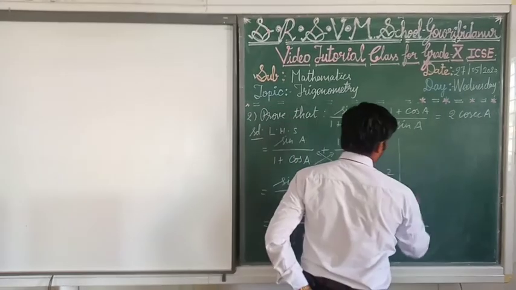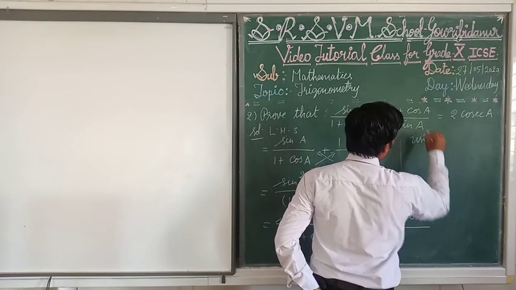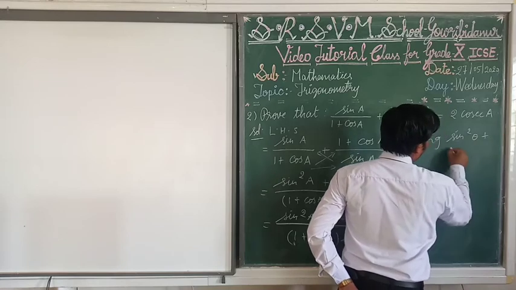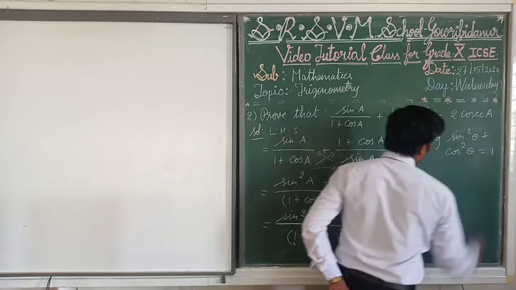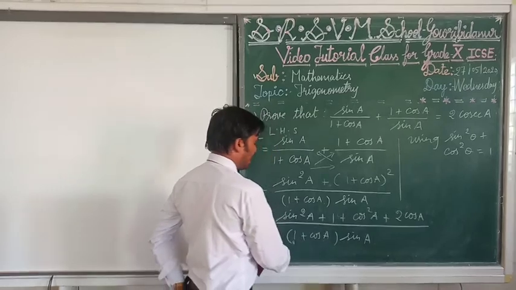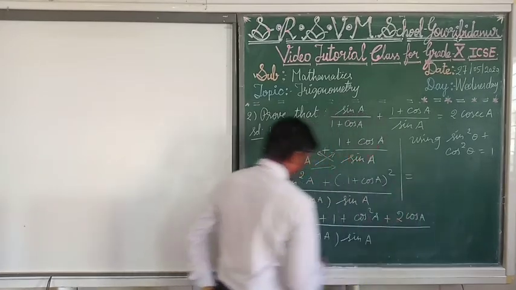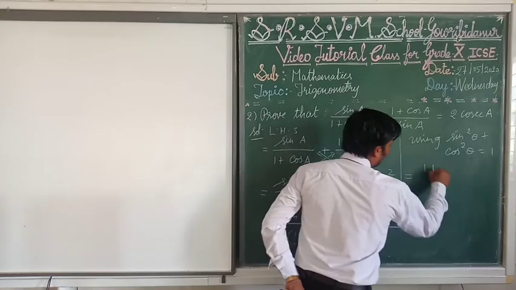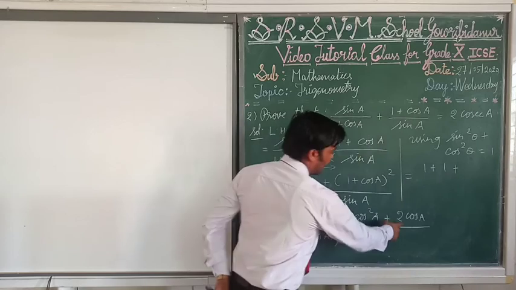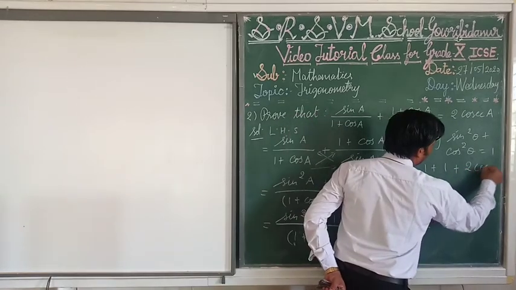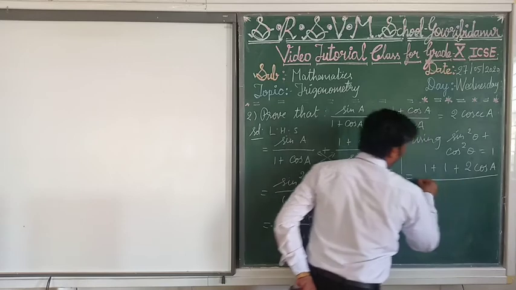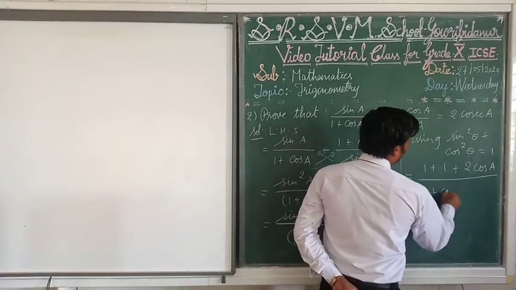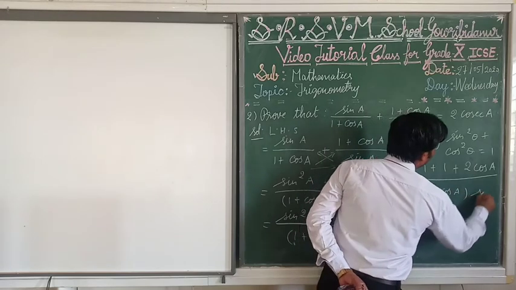Changing that one using sin square theta plus cos square theta is equal to 1, the rule I am applying, next step: 1, already 1 there, so 1 plus 1 plus 2 cos A, over denominator 1 plus cos A into sin A.